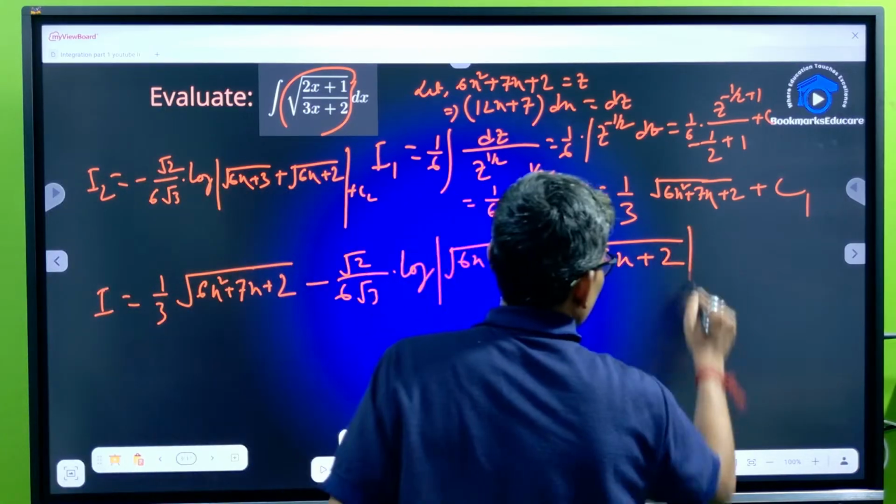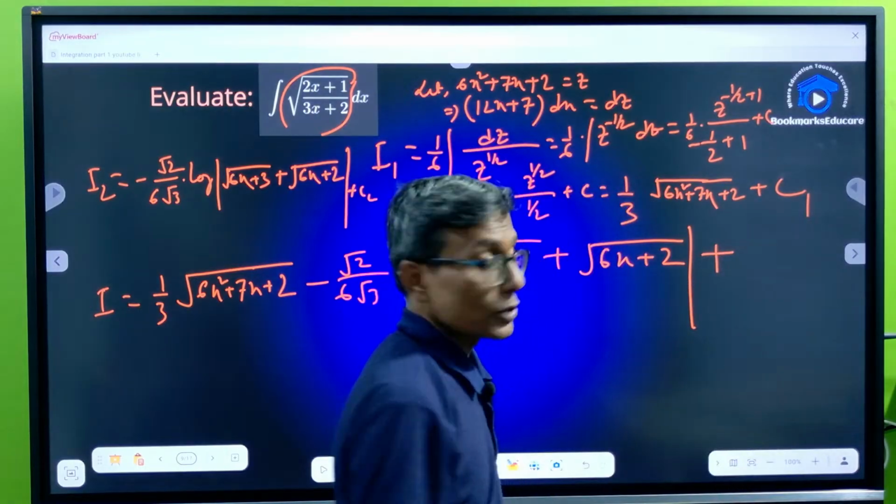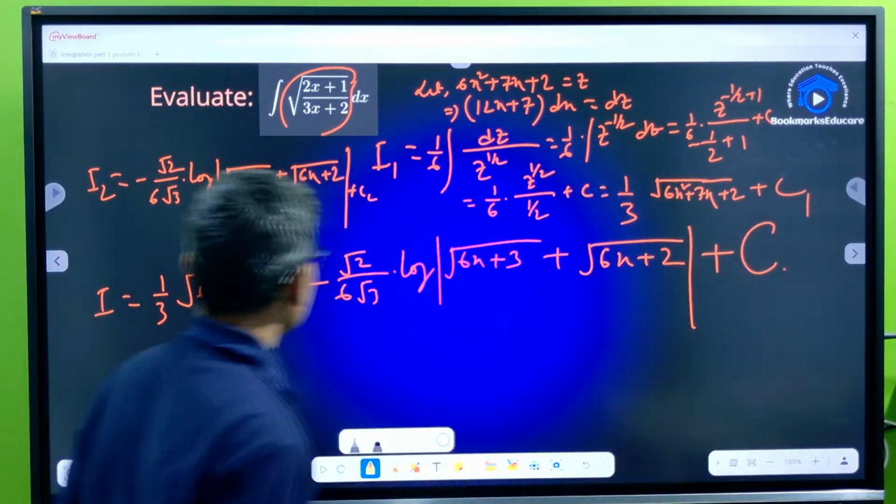So C1 plus C2 means capital C. So this is the required answer.